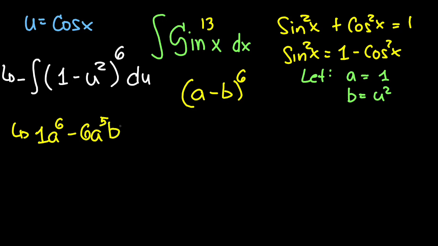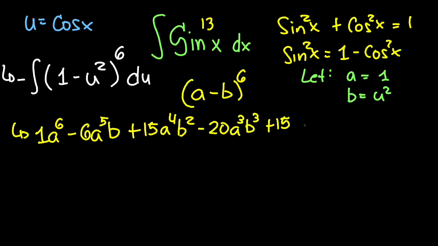And so add b here, plus 15 multiplied by a to the power of 4 multiplied by b squared minus 20 a cubed b cubed plus 15 a squared b to the power of 4 minus 6 a multiplied by b to the power of 5 plus 1 multiplied by b to the power of 6.